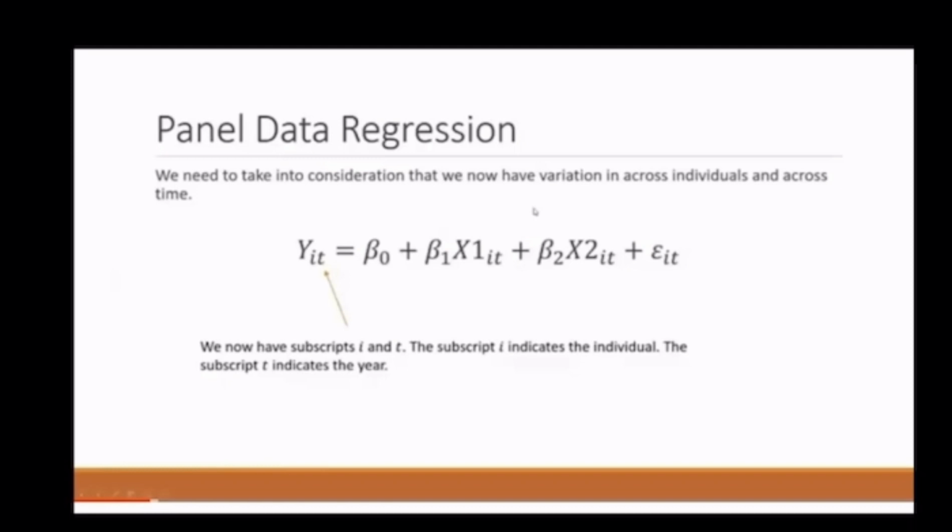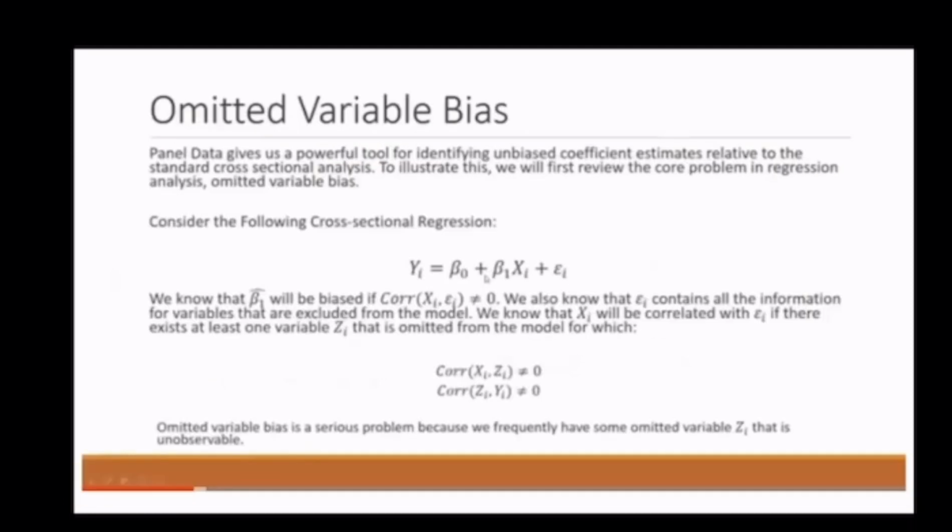Any question? Okay, if there's no question, I'm going to go to the problem that we normally have. When we want to analyze panel data, the problem that we normally have is what we call omitted variable bias. Do you know what is going to lead to an omitted variable bias?